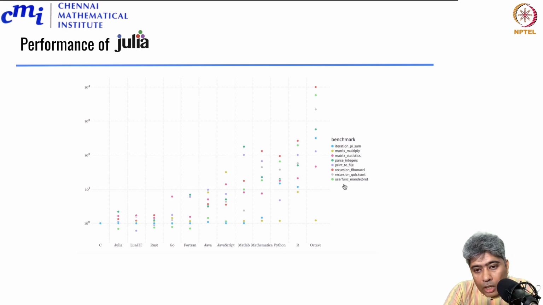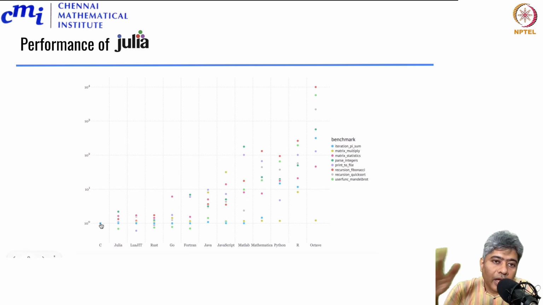Recursion, quicksort, user function, Mandelbrot. And if you do that, where C is created as the base, so all programs are put into 10 to the power 0, which is 1. And with respect to that, in Mandelbrot, Julia is even faster than C, and the rest of them are somewhat comparable.